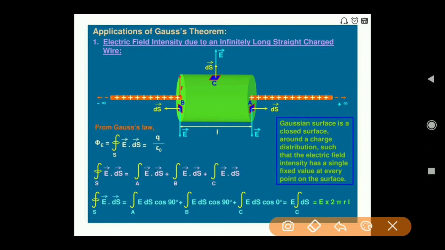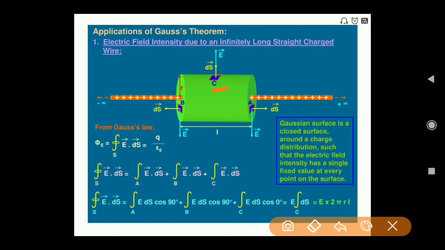This is the cylinder, the green colored one, which just touches the point r where our aim is to find the field. So r may be on any circumference of this curved surface C. This is the indication. So where your aim is to find the electric field, simply you take a Gaussian surface that just touches that point, and then you can find it.